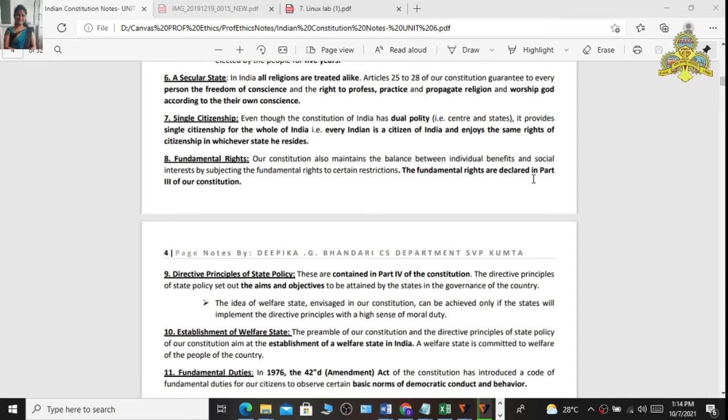Part 3 tells about fundamental rights. These rights are given to every citizen of India.